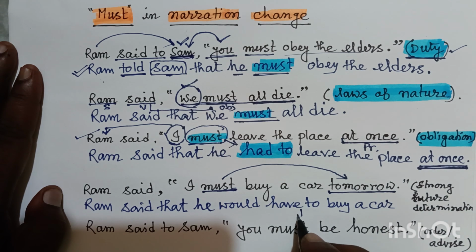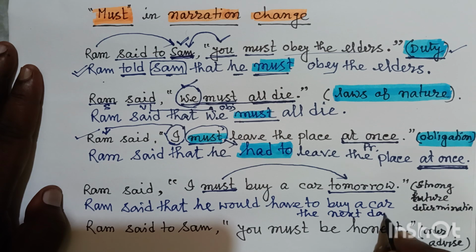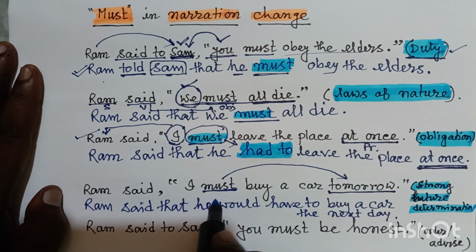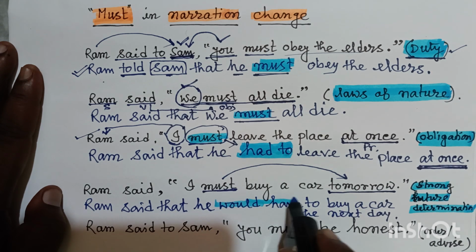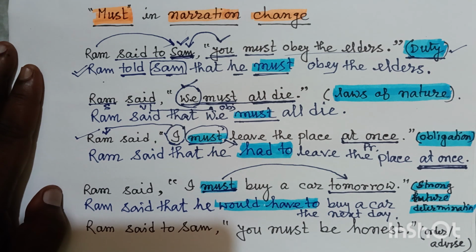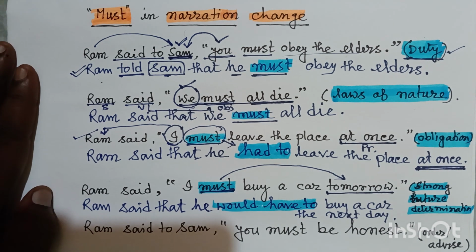Tomorrow will be changed into the next day. Friends, here you can see the changes. As it is strong future determination, we have to use the term would have to. Must here changes into would have to. Now friends, I think this is clear to you.